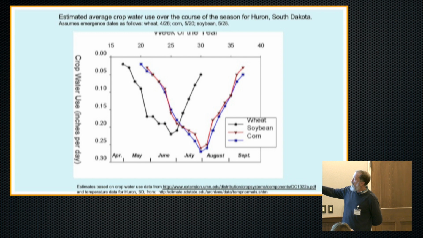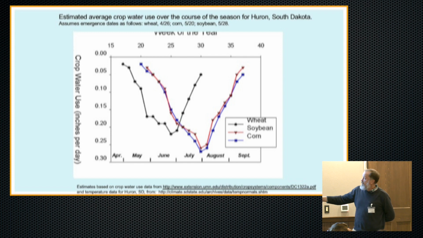So you've got those two factors, the size of your crop, its stage of growth, and then the temperature. As the plants get bigger and it gets warmer, they use more water. Then for your small grain, it matures and it's done using water sometime in July. So that means this moisture out here can be carried over to the next year.